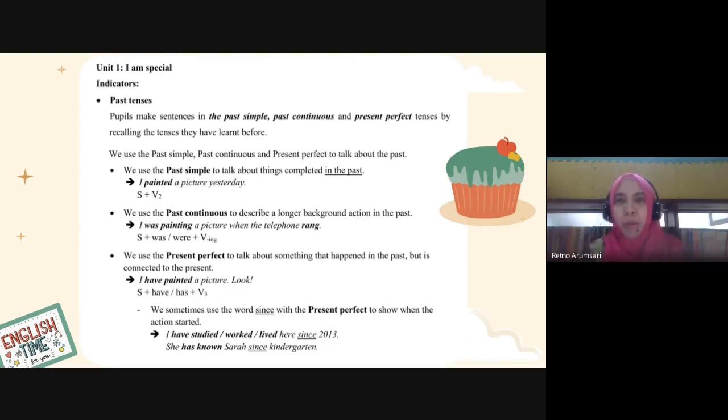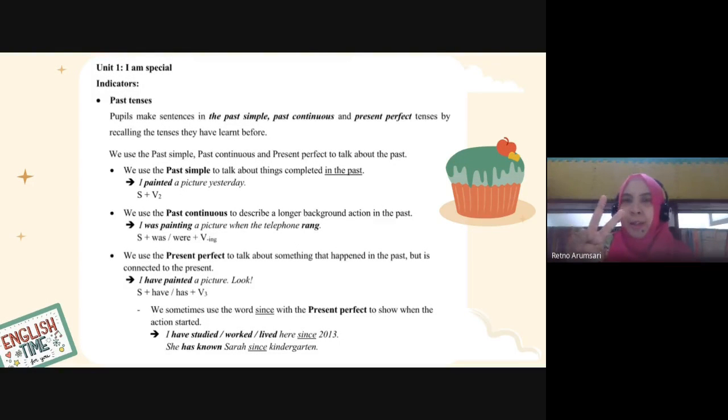Not yet. You are still in the middle of painting the picture. Which one is the longer action? Painting the picture. Which one is the shorter action? The telephone rang. So it's like this: painting, painting, painting. Suddenly, the phone rang.